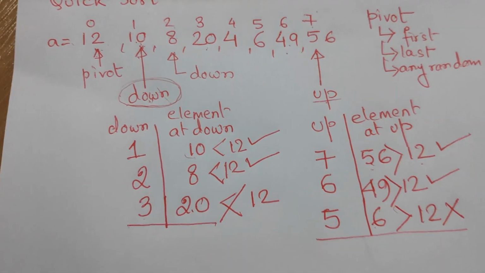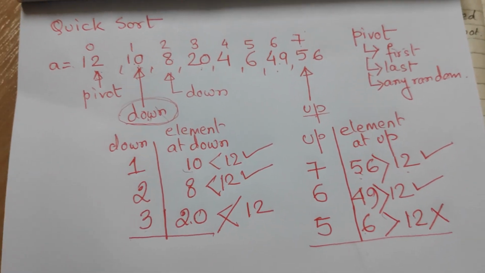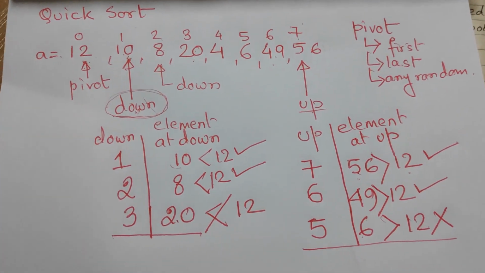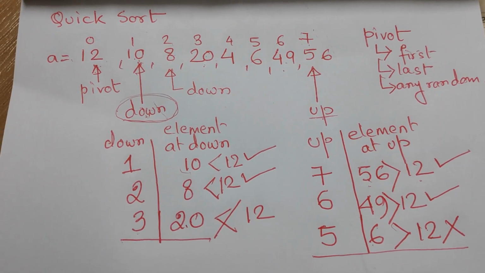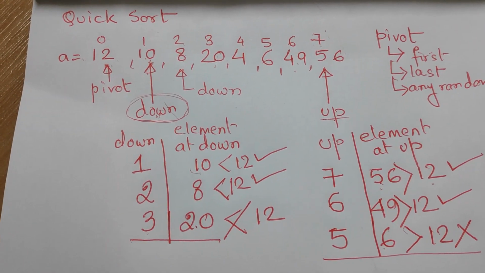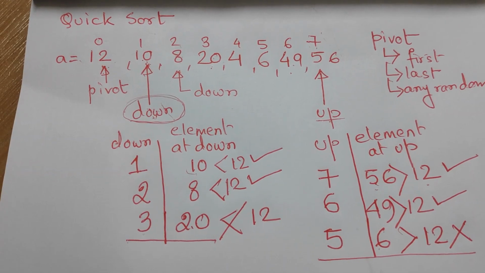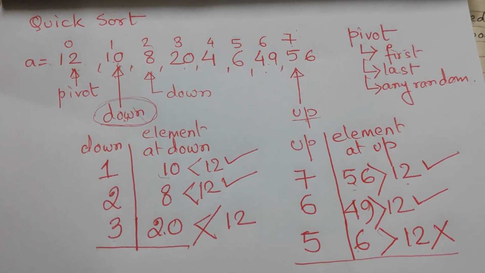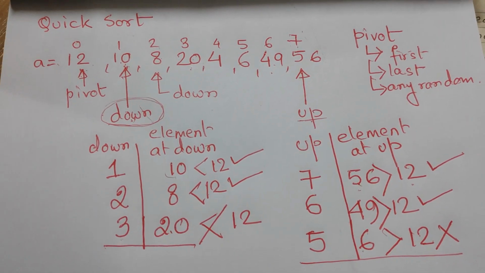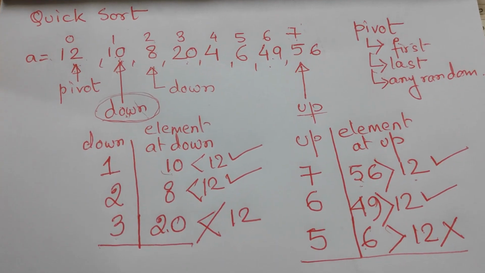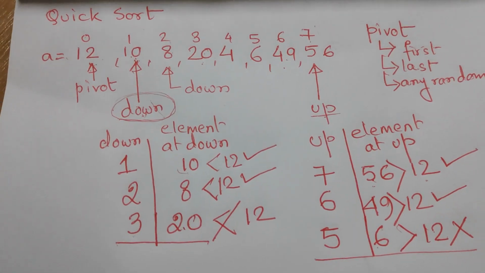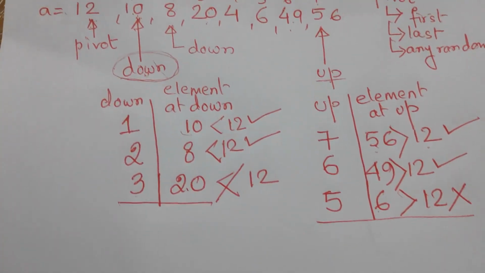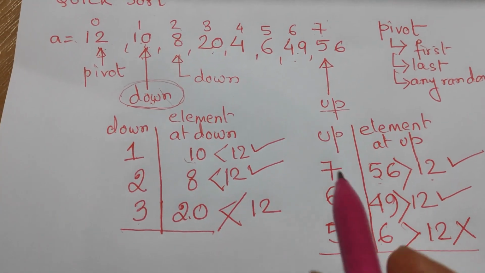So the up index halts at 5, and the down index halts at index number 3. Why? Because using the down index we reach an element which is greater than the pivot, and using the up index we reach an element which is lesser than the pivot. Clear? At this moment what do we do?